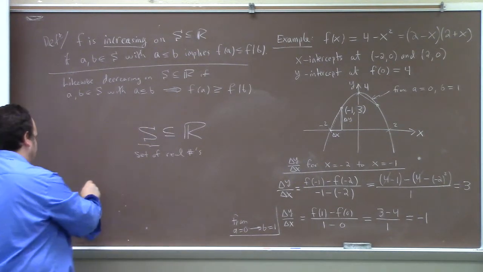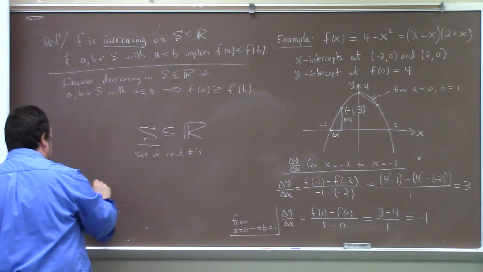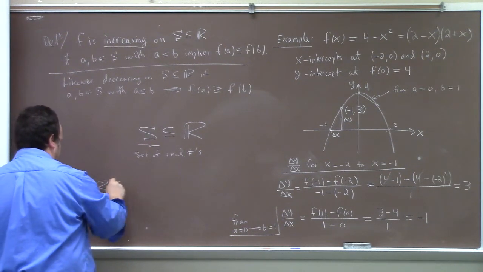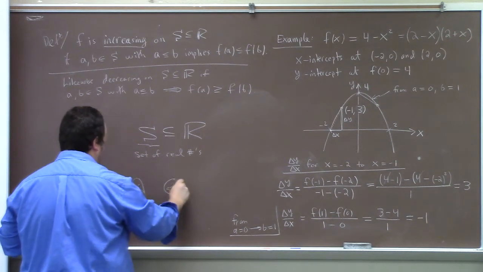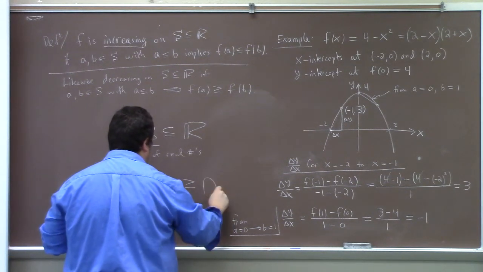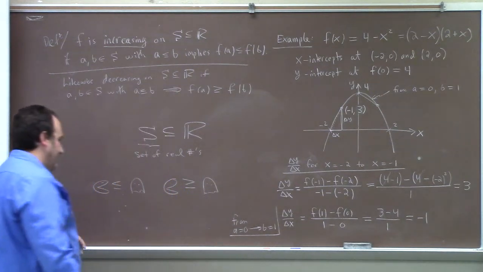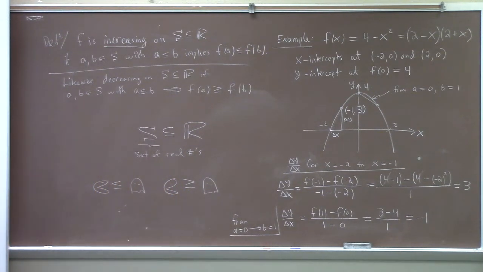Do you guys know? Suppose I have Pac-Man less than or equal to Ghost, and I also have that Pac-Man is greater than or equal to Ghost. What can you say about Pac-Man and Ghost? They're equal, right? And what does it mean if a function's equal for arbitrary, distinct A and B in the set? That would mean that the function's constant. So constant functions are both increasing and decreasing with this definition.